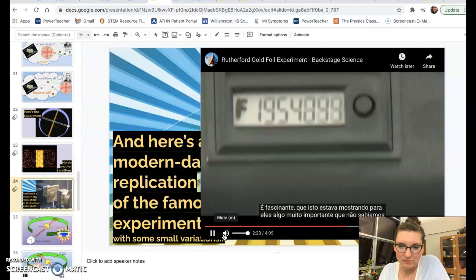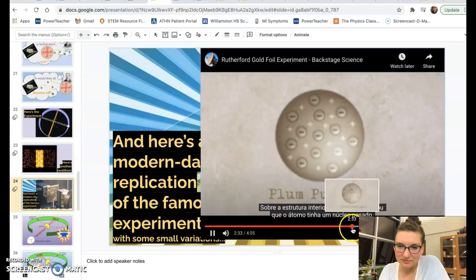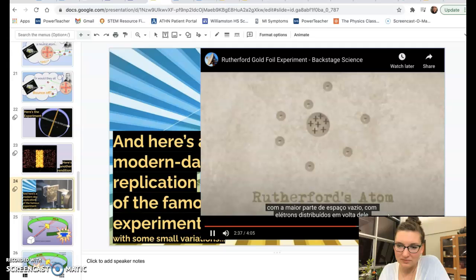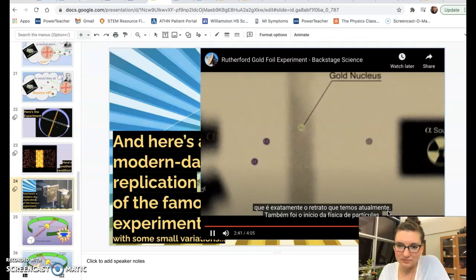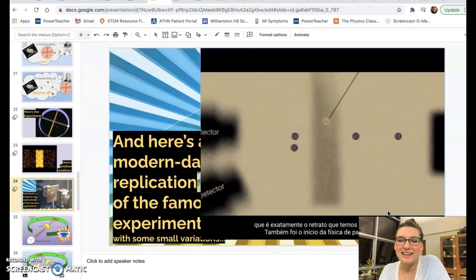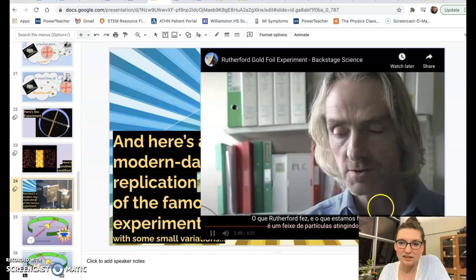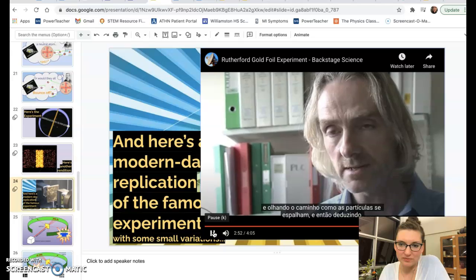It was telling us something very important that we didn't know about the very deep structure of matter. It showed that the atom had a heavy nucleus with mostly empty space with electrons distributed around it, which is exactly the picture we now have. It was also the start of particle physics. What Rutherford was doing, and what we're doing here, is taking a beam of particles, firing them at a target, looking at the way the particles are scattered, and from that deducing what was going on inside the target.